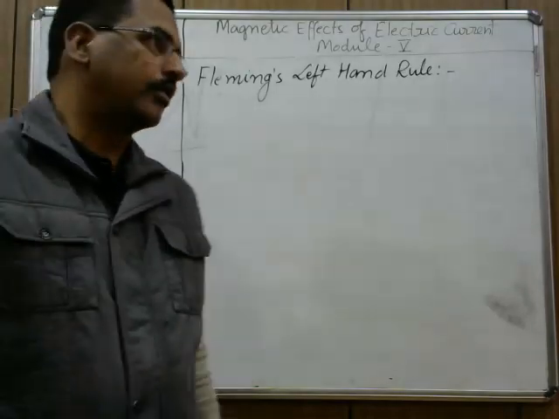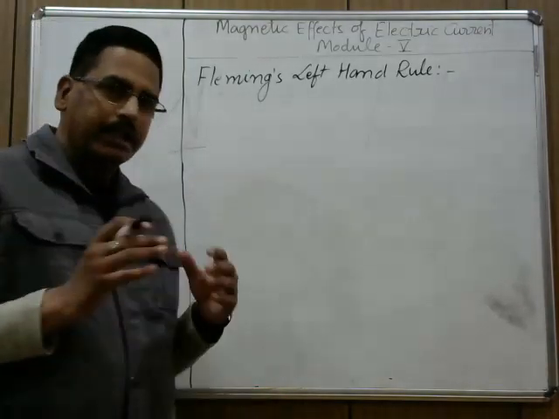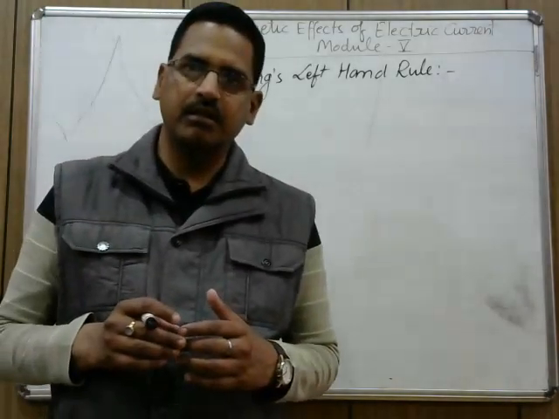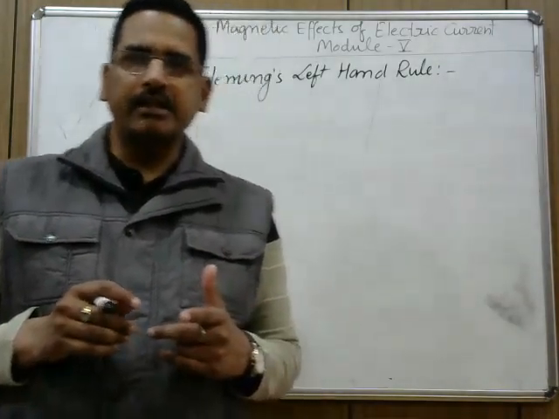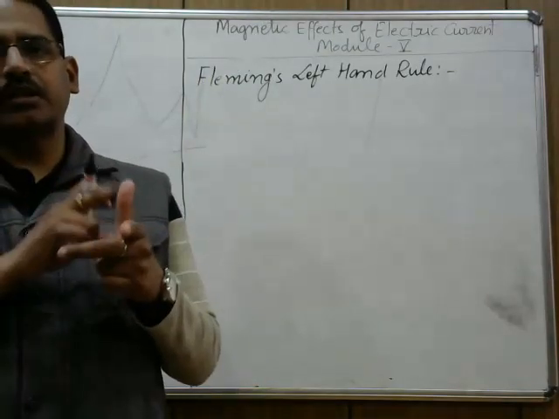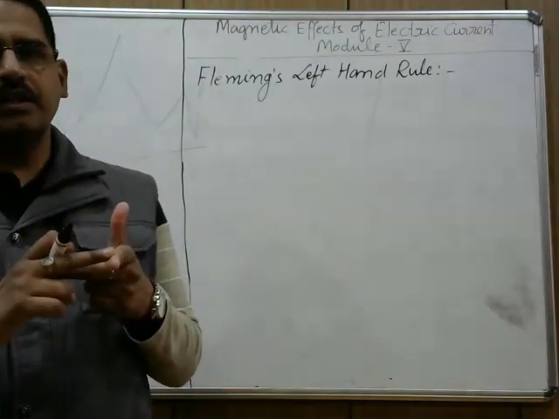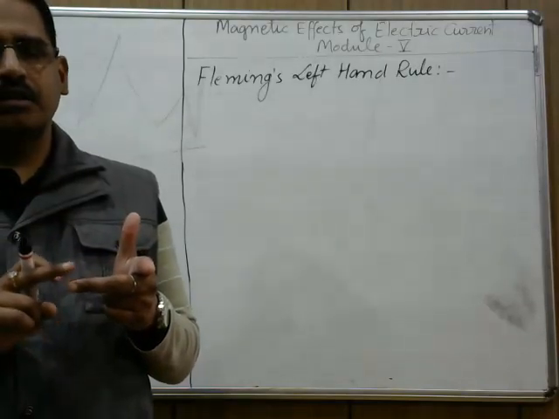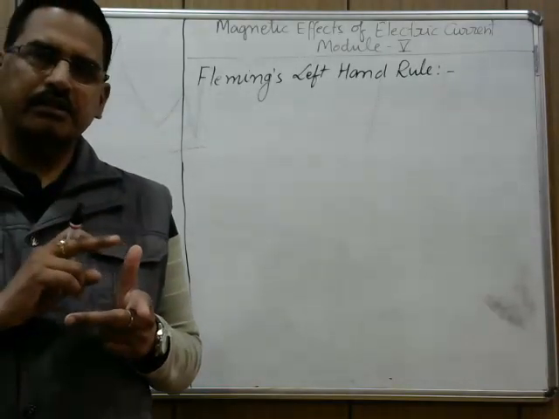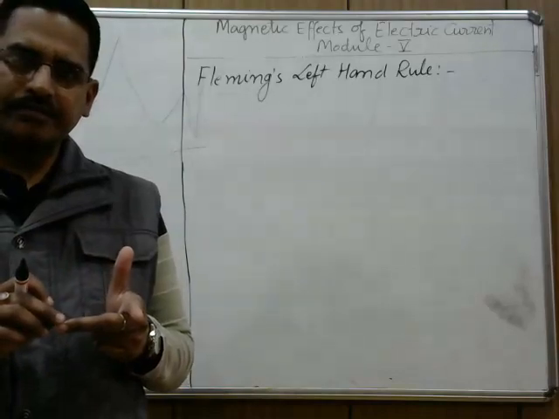Now, this is a conditional statement. Once again, I am repeating. It states that stretch thumb, forefinger and middle finger in such a way that they are perpendicular to each other.